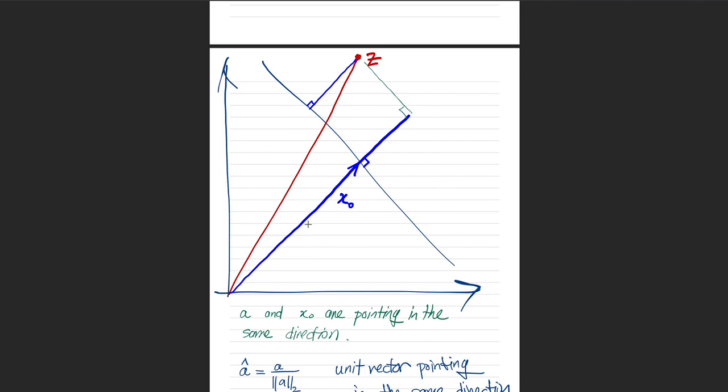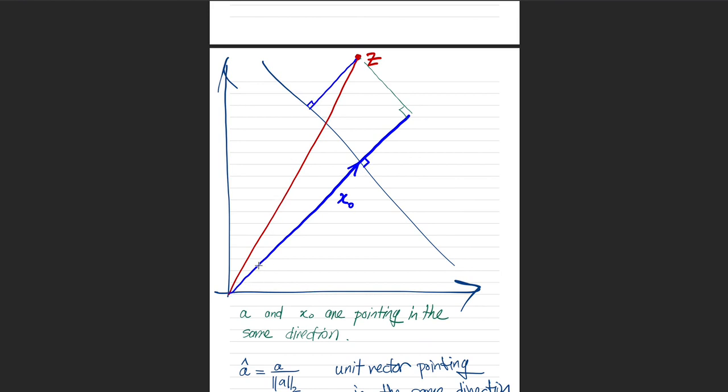So the length of this vector is the shortest distance of any point on this hyperplane to the origin. And the distance of this hyperplane to the origin is the length of x0. So we have the z, and then the distance we are looking at is this length. We are interested in what this length is.